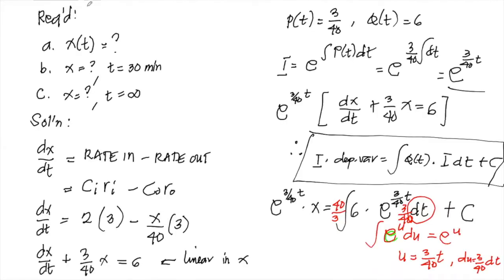Okay, so kung muna ulit nasa left member ng equation natin is e raised to 3 over 40 times t times the dependent variable na x equals, balikan natin to. So this is 40 over 3. So tapos times 6 kasi yung constant naman na to, pwede nating ilabas. So 6 divided by 3 is 2. 2 times 40, 80.